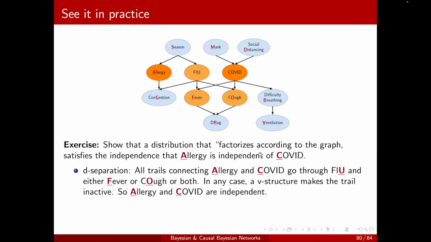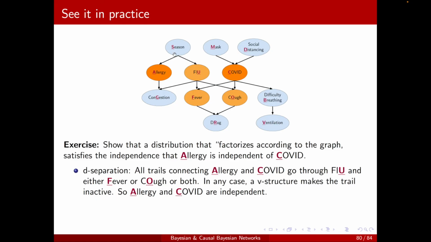So for the first part, how can we answer this? We have allergy and COVID. All trails that connect allergy and COVID to each other go through flu, right? And either fever or cough.